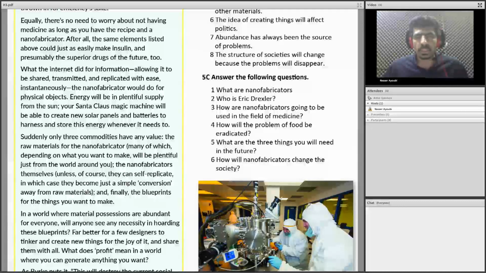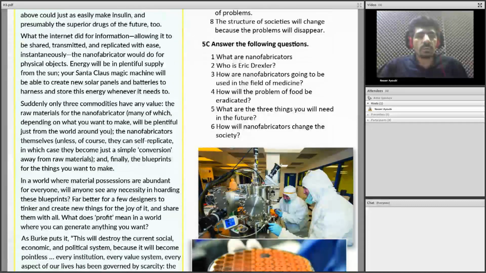You know, insulin is a substance that controls the sugar in your blood. And presumably, supposedly, we can also use the superior, the predominant drugs of the future as well.